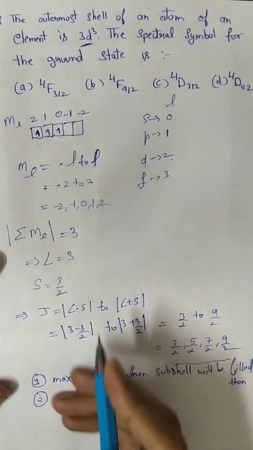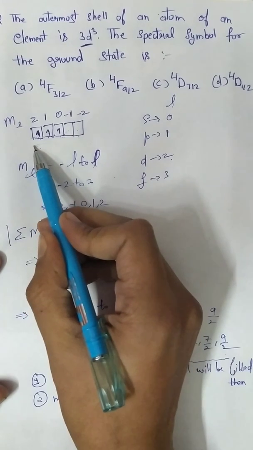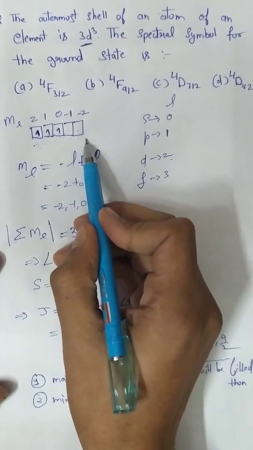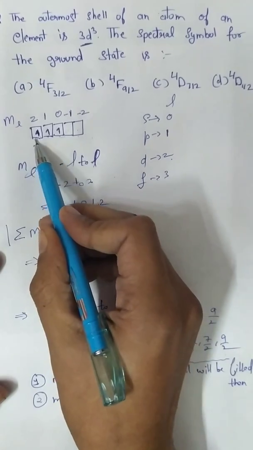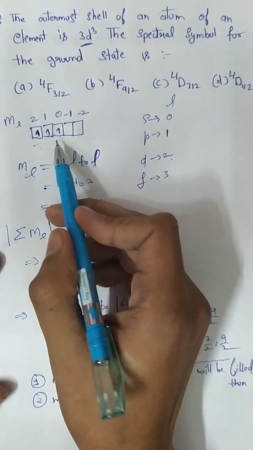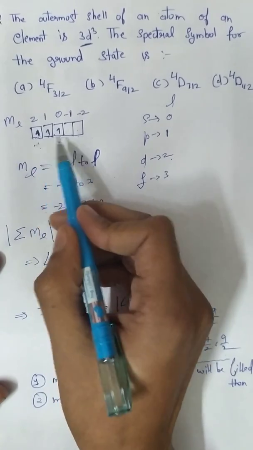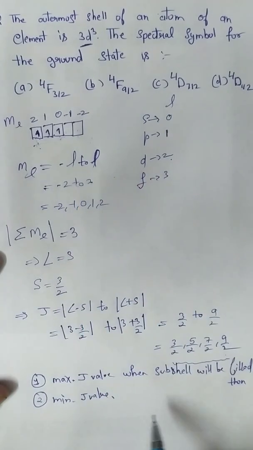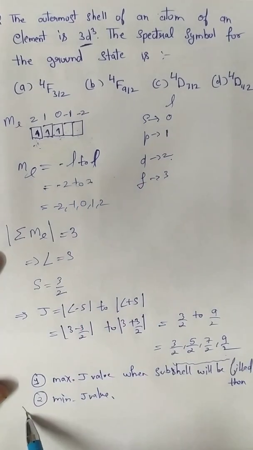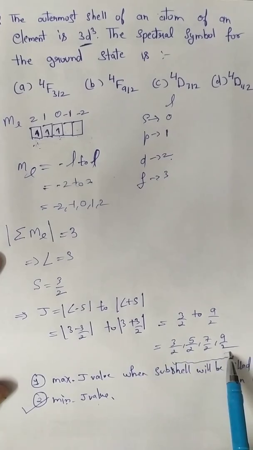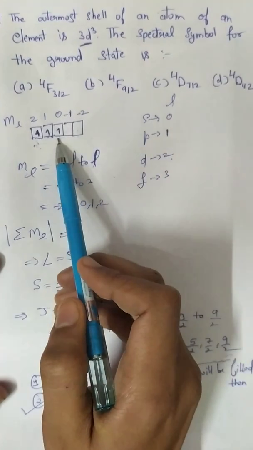Now here you can see that the maximum number of electrons that can completely fill the d subshell is 10, and we only have 3 electrons to fill this d subshell. That means it's less than half, right? It is filled less than half. So we need to consider the second point, that we take the minimum j value from all the j values, because the subshell is filled less than half.